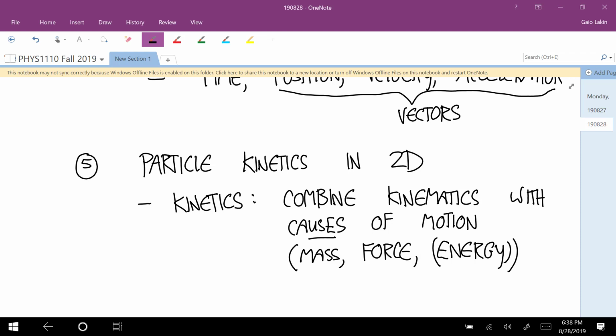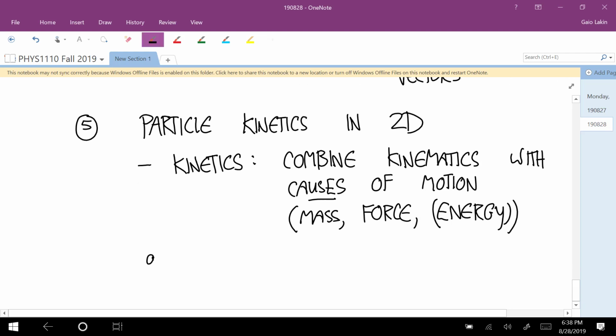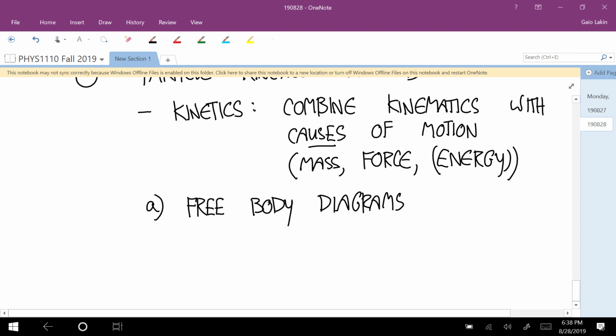Yeah, that's right. And the first thing that we're going to talk about is free body diagrams. And free body diagrams show all the forces acting on your system, the system that you're analyzing.